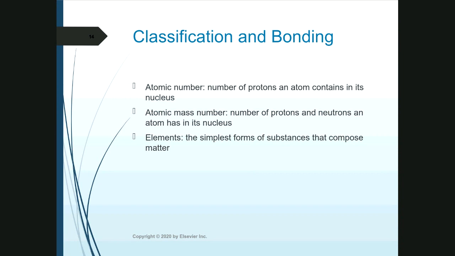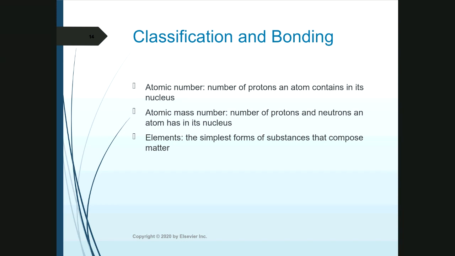So if you had 6 protons in the nucleus, you would have an atom of carbon. If you had 8 protons in the nucleus, it's an atom of oxygen. If you had 42 protons in the nucleus, it's an atom of molybdenum.